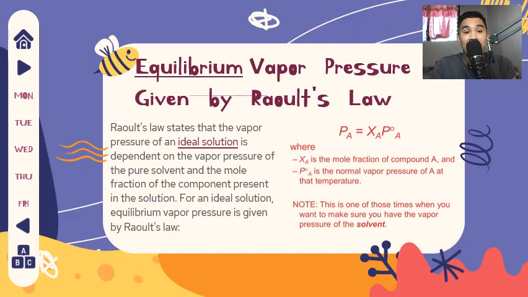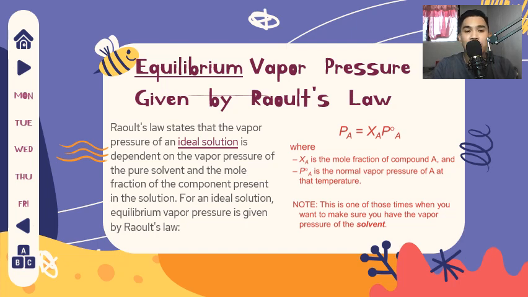So now let us proceed with the equilibrium vapor pressure given by Raoult's law. If we're going to calculate the exact vapor pressure, if the addition of solute to the solvent in that certain solution has really lowered the pressure, we will be using Raoult's law.